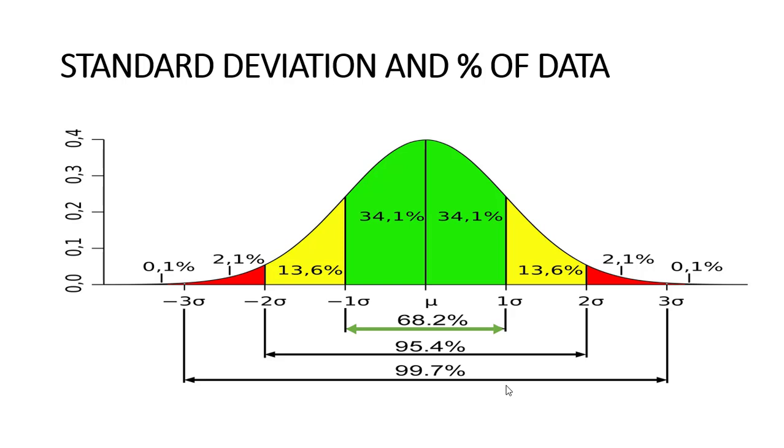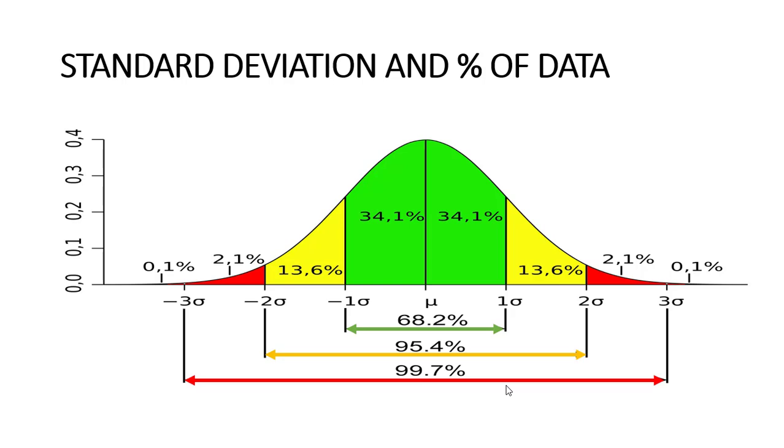So 68.2% of the data are going to be between -1 standard deviation and 1 standard deviation. If we look at the data between -2 standard deviations and 2 standard deviations, we will have about 95.4% of the data. And between -3 and 3 standard deviations, we have about 99.7% of the data. You're going to see in lesson 3 how useful this is going to be when we start actually testing further.